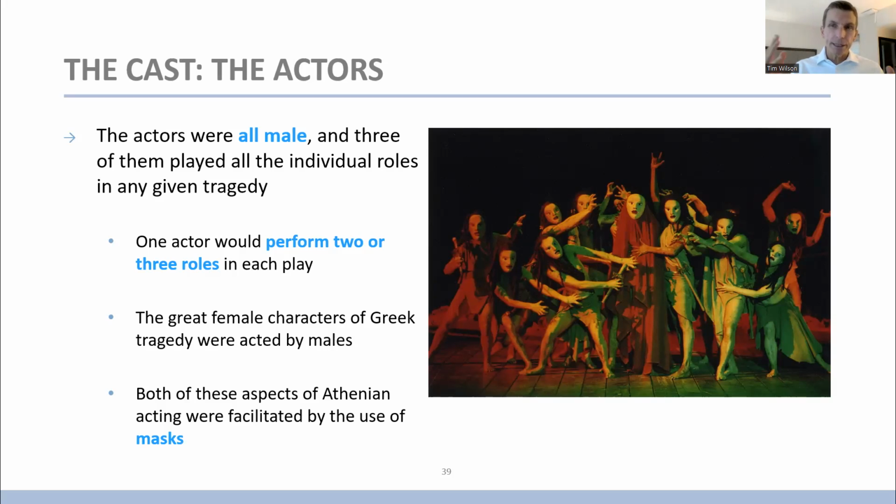A similar convention, again foreign to our sense of what you would want or need in a naturalistic performance. Both of these aspects, women being played by males and one person playing several parts, are facilitated by the use of masks.